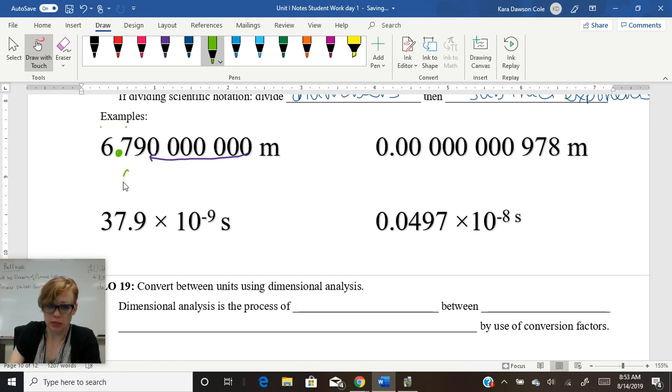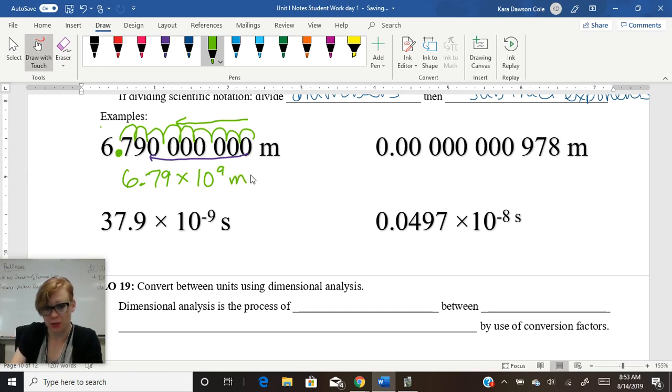So I'm going to have 6.79 times 10, and then I'm going to raise it to a power. However many places I move, 1, 2, 3, 4, 5, 6, 7, 8, 9. Now, I moved to the left, so it's a positive 9. So 9 meters.